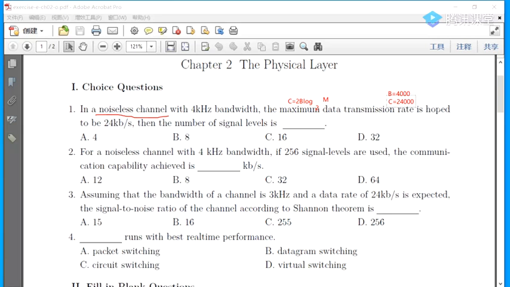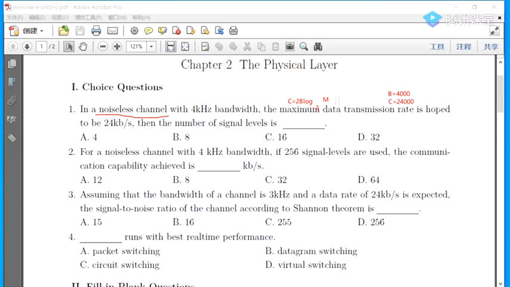So C equals 2B times log 2 capital M. Capital M is the number of signal levels. B is 4 kilo, then 2B is 8 kilo, or 8,000, and C is 24,000.